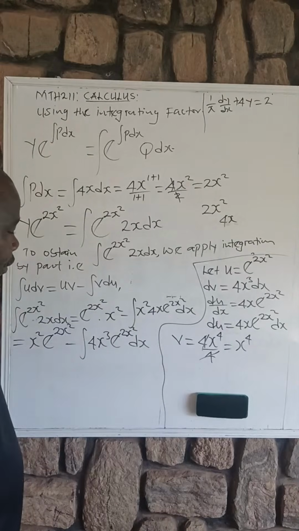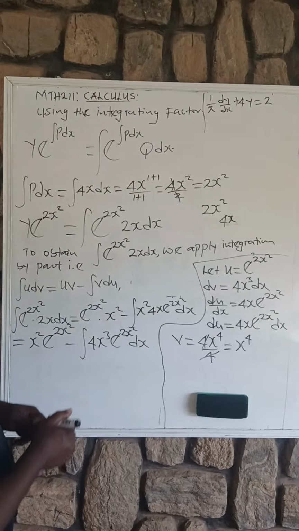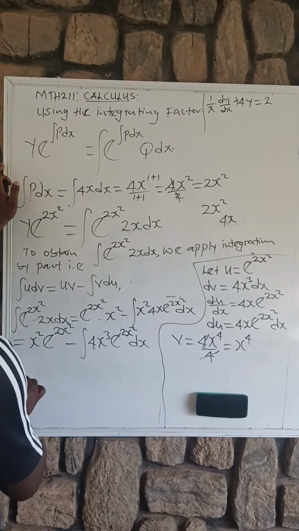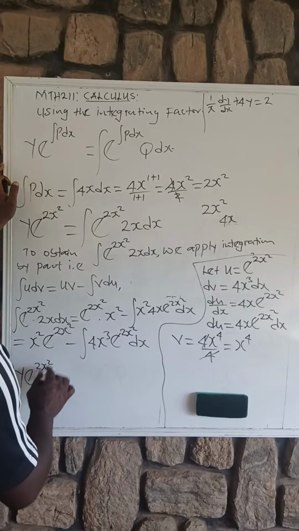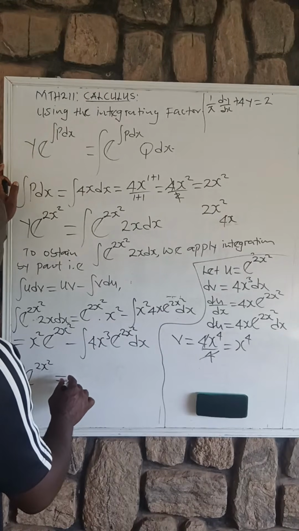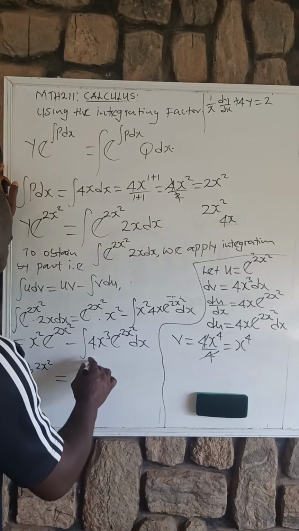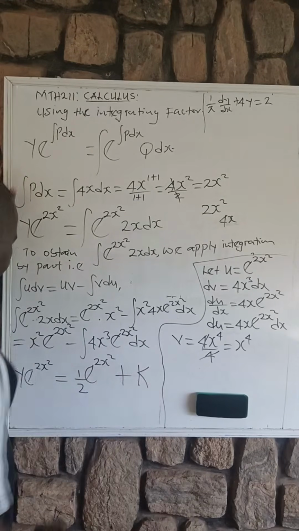You'll be the one to finish it, and that will be your assignment. So go and finish it. At the end of the day, this is what you are supposed to have: y exponential 2x squared equals 1 all over 2 exponential 2x squared plus any constant.